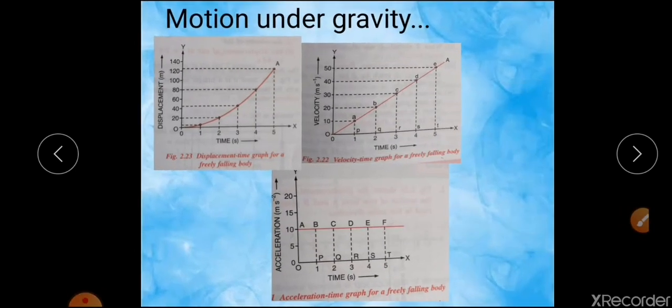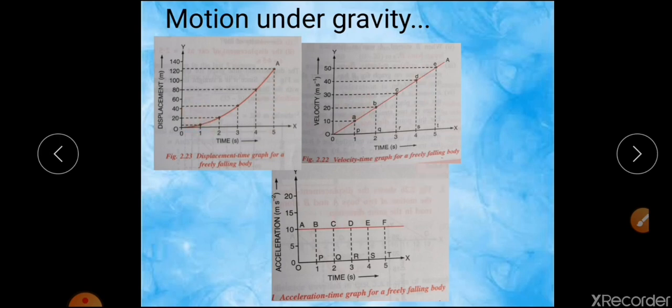Now we are coming to motion under gravity. When we talk about motion under gravity, the general thing is we are talking about freely falling bodies. You have already learned that freely falling bodies means bodies which are falling freely under the action of gravity only. You call it a freely falling body. Now depending upon that also you are going to have three graphs.